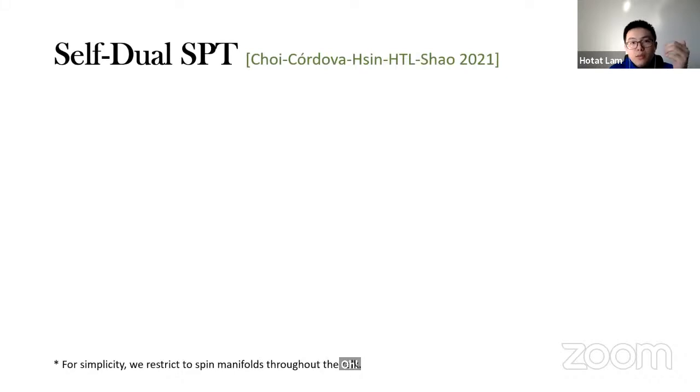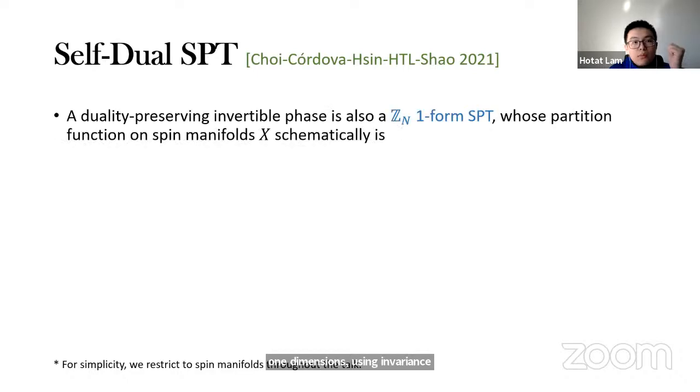To answer this, we can do it in a systematic way, as what we did in 1+1 dimensions. That's why I prefer to explain the abstractions in 1+1 dimensions using invariance under gauging. Okay, so first of all, let's consider a duality preserving invertible phase. A duality preserving invertible phase necessarily has to be a phase that preserves a Z_N one-form symmetry.